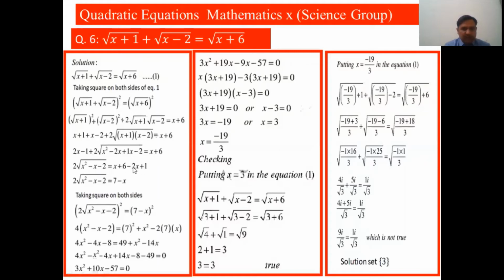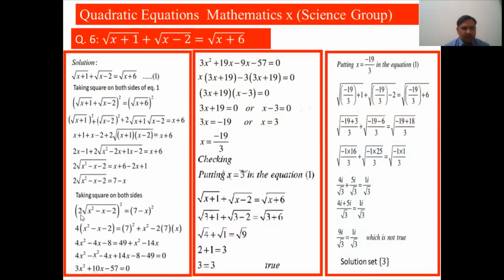We can simplify this: 6 plus 1 is 7, and minus 2x plus x, we have minus x. Again we have a radical sign, and the only way is to square these terms. So taking square on both sides, this term square and right hand side square.